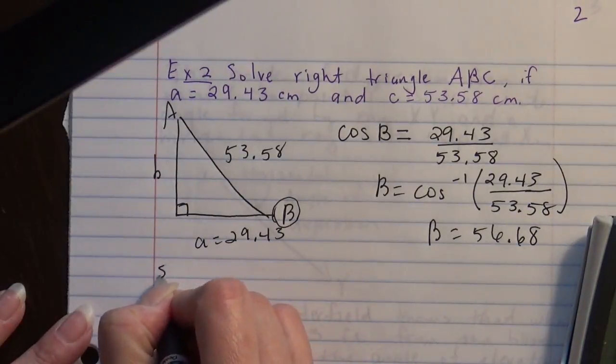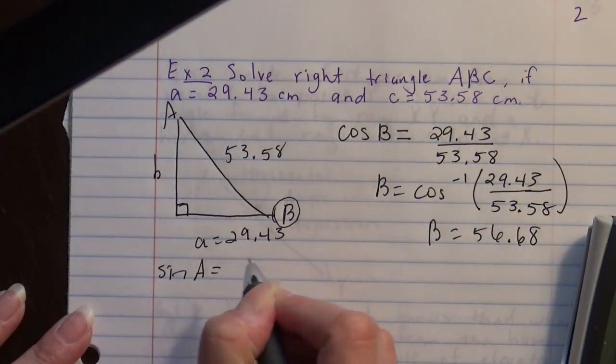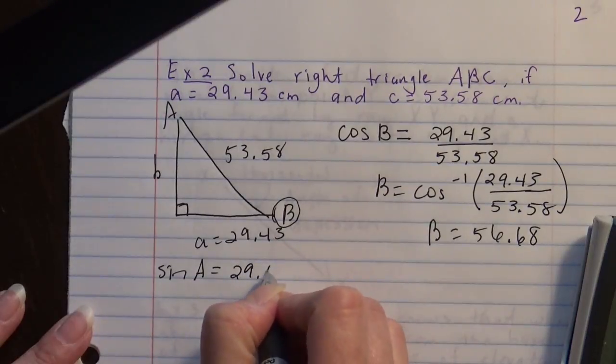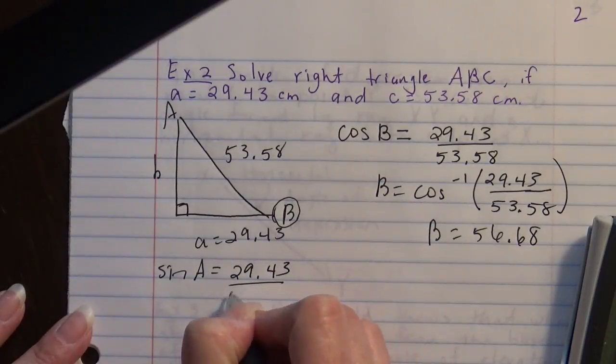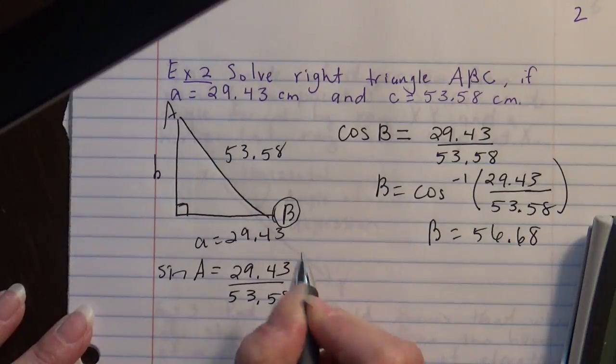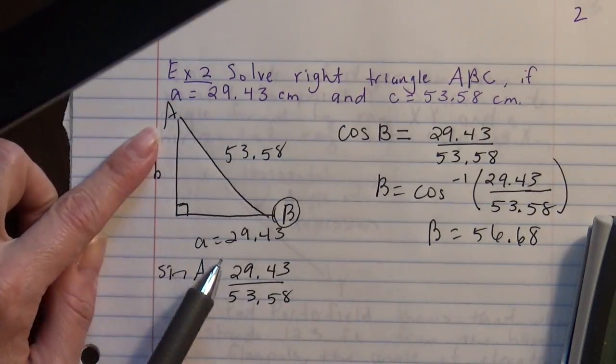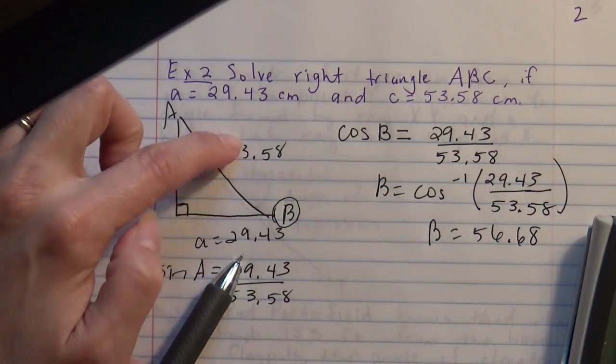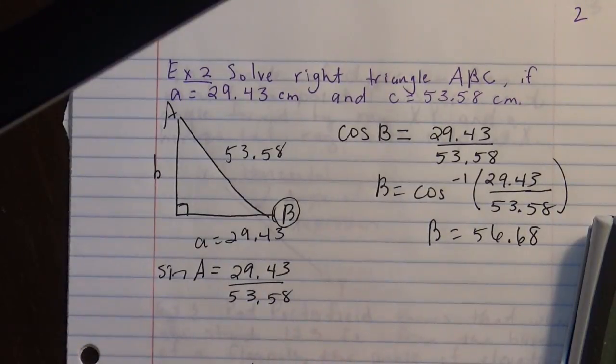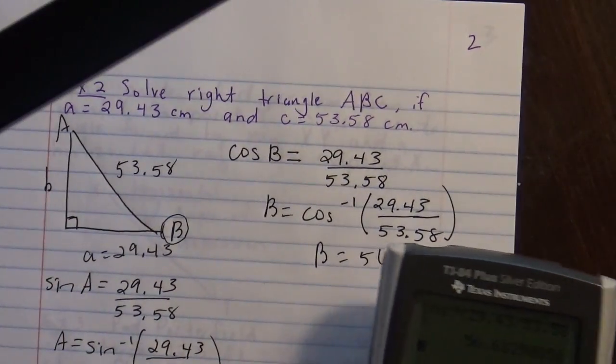Sine A equals 29.43 over 53.58. Remember, sine A is the opposite over the hypotenuse. Then I can take sine inverse, and I'll have A equals sine inverse of 29.43 over 53.58.